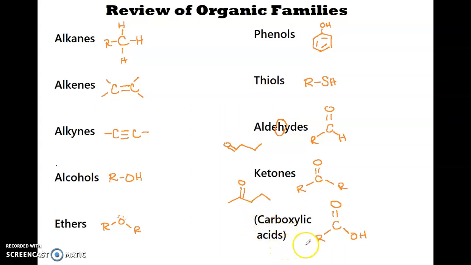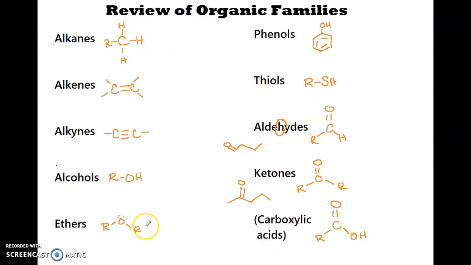That's why I put them in parentheses, because we are going to explore them in our next unit, learning about naming and their chemistry. But because an aldehyde or even an alcohol can be oxidized to a carboxylic acid, we do need to be familiar with their general structure. So if I'm given an aldehyde and asked to oxidize it, I need to understand how to turn that structure into a carboxylic acid, which really ends up being just changing the H to an OH.